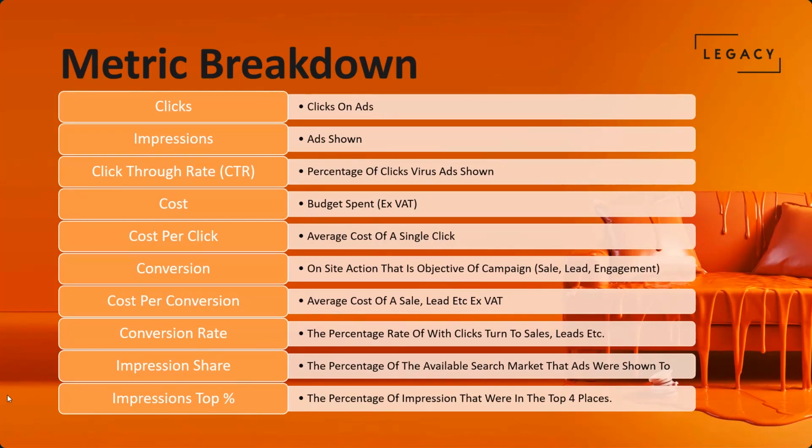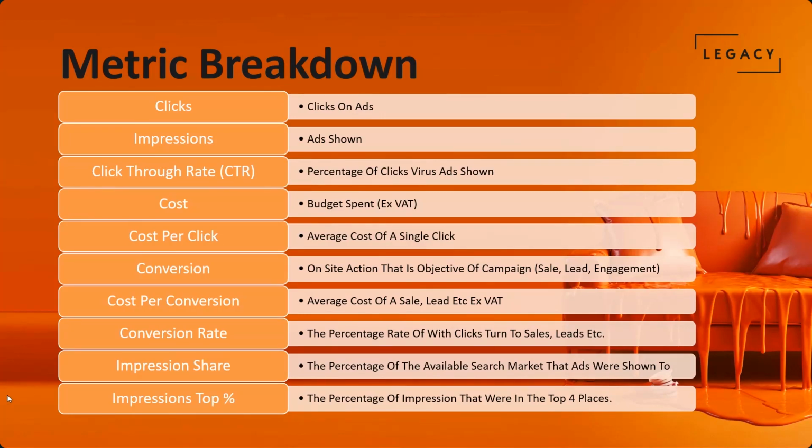If you're doing an upper funnel campaign, an engagement metric, time on site, people filling out a newsletter form, that sort of thing. Cost per conversion is the average cost of your lead, sale or conversion, etc. Again, that figure is ex VAT within the interface.